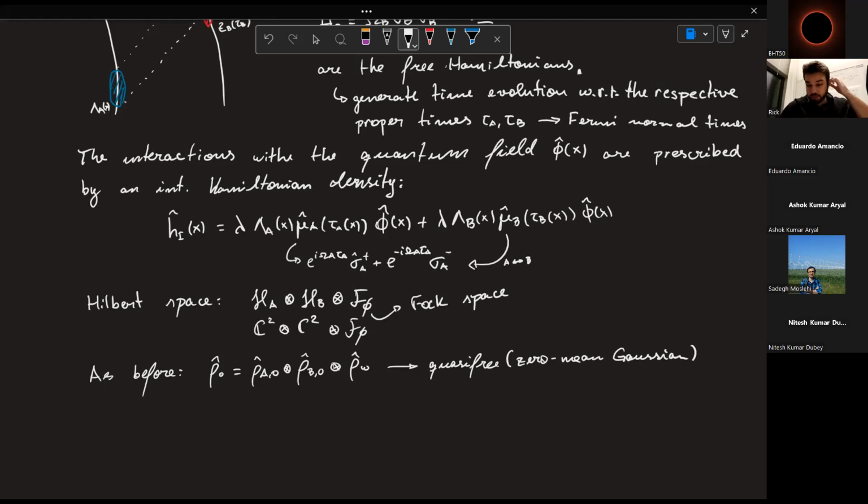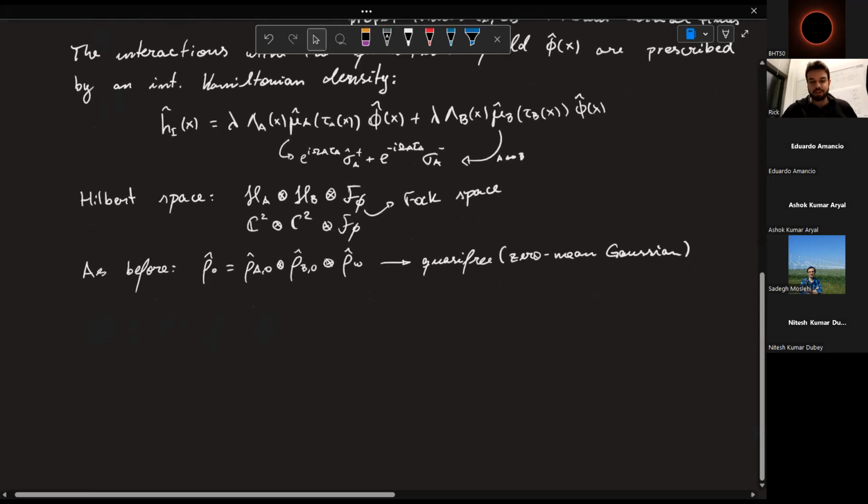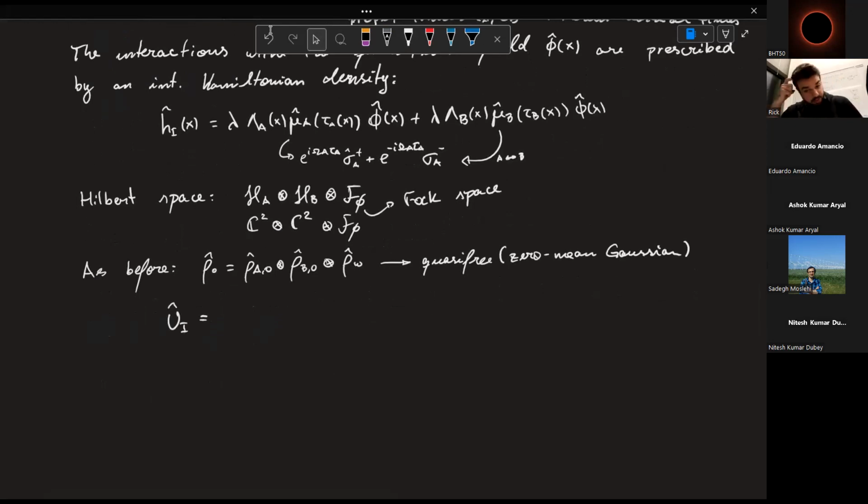Now what we need to do is to compute the time evolution operator, and we'll see that it's considerably harder to perform the calculations in this case. I'll skip a little bit of the calculations. I'm not going to do all of that in all generality. But at the same time, now we get some much more interesting phenomena, right? So the unitary time evolution operator is also the time ordered exponential of this Hamiltonian.